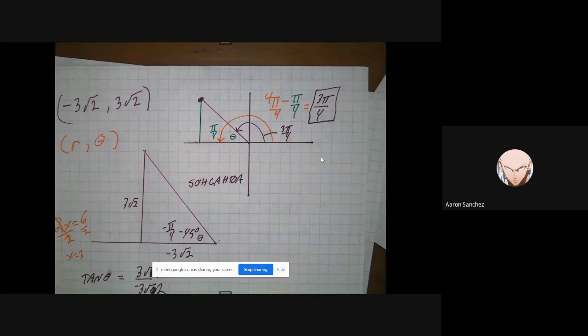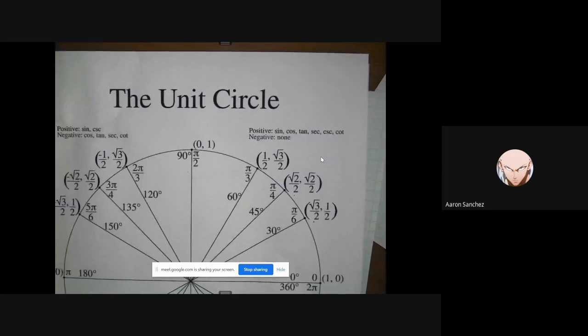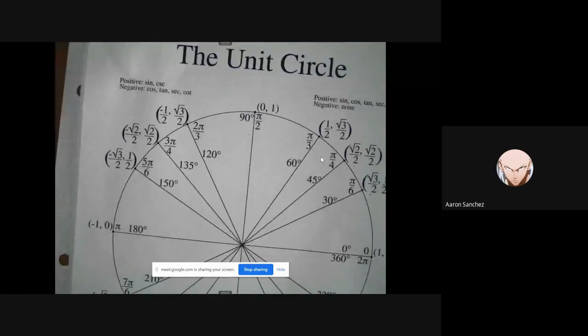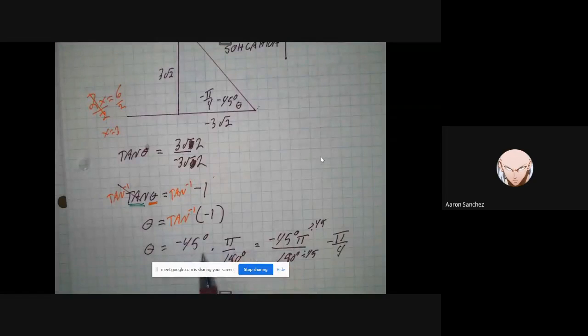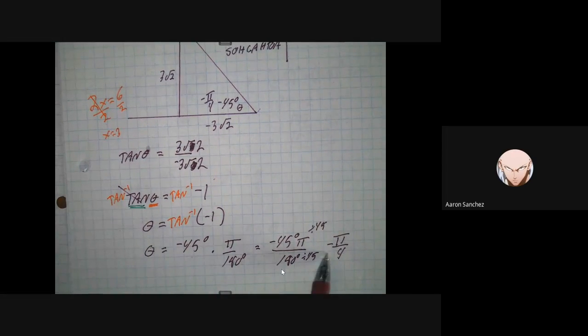Okay. Another way we can look at it, if you'd like: we solved it, we got -45 degrees, and we got -pi over 4.